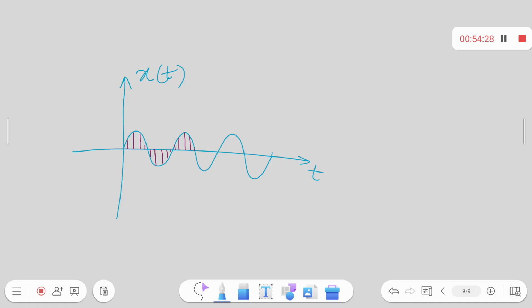Like this. Do you find any similarity between the first half cycle and the third half cycle? This first half cycle and third half cycle, no.